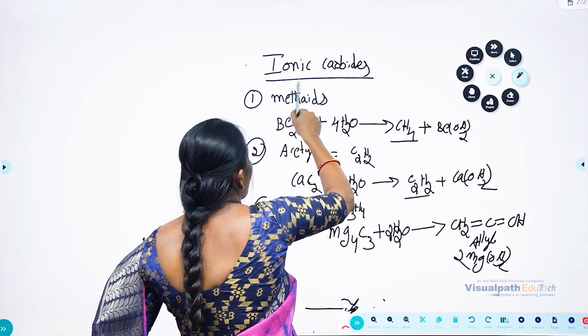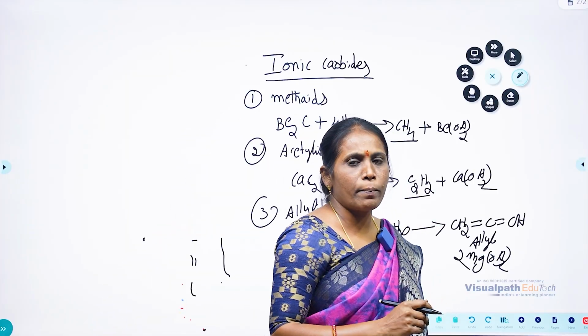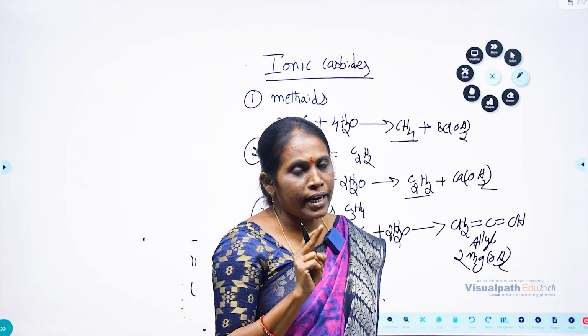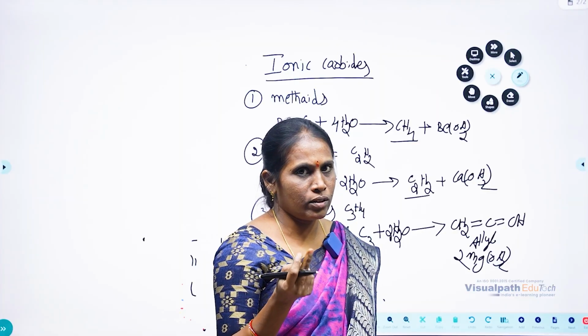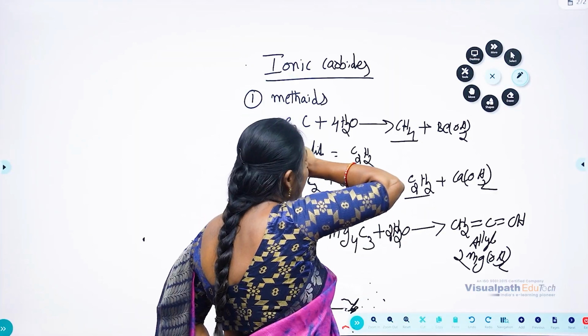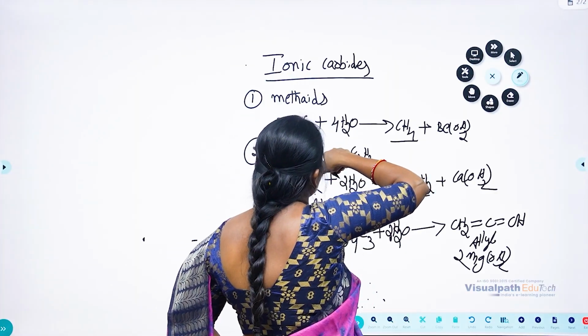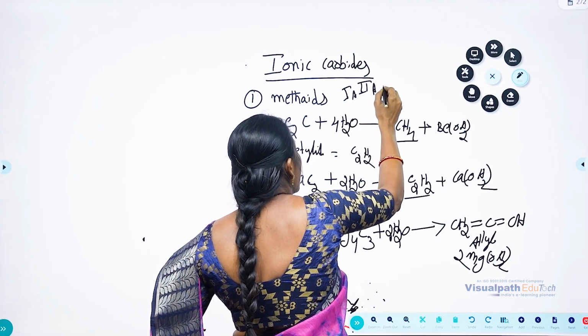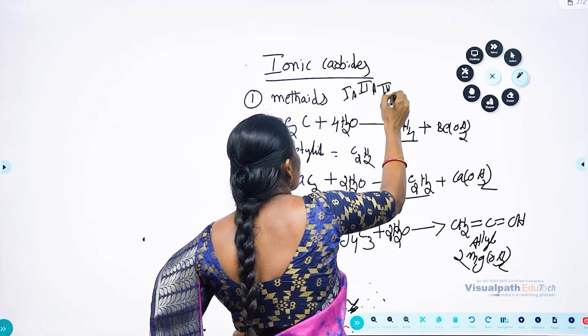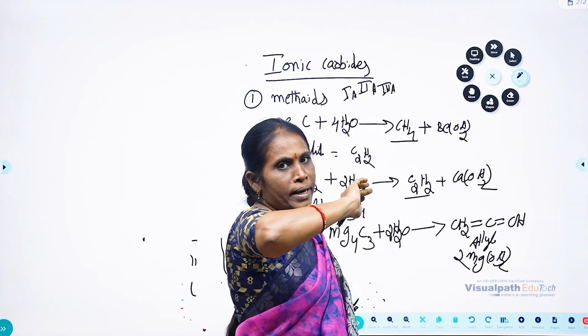So here ionic carbides. How to form the ionic carbides? It is formed between carbon and highly electronegative atoms. Generally these ionic carbides are shown by first and second group elements, and also sometimes third group elements, except beryllium.